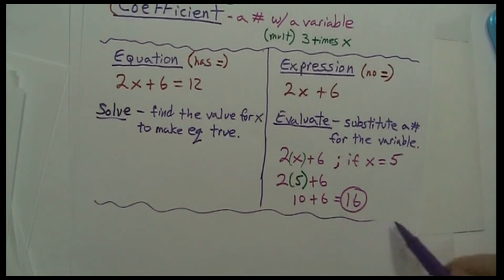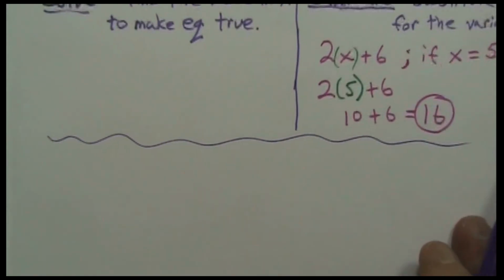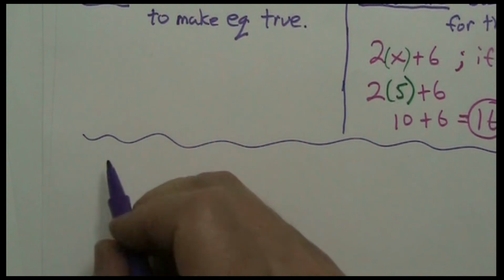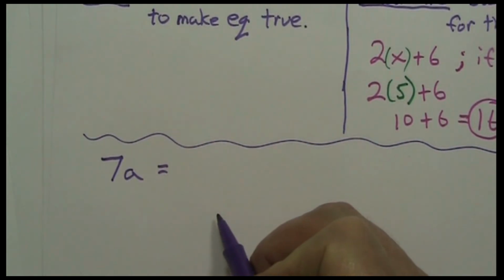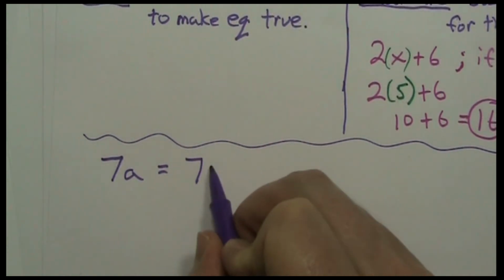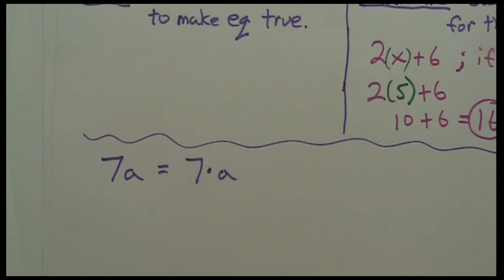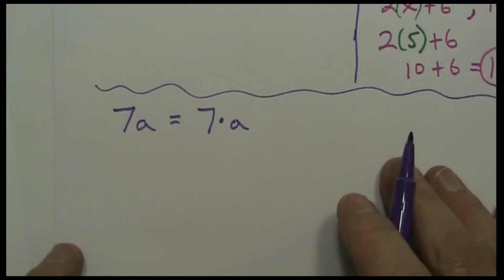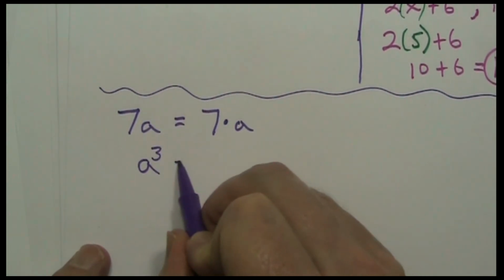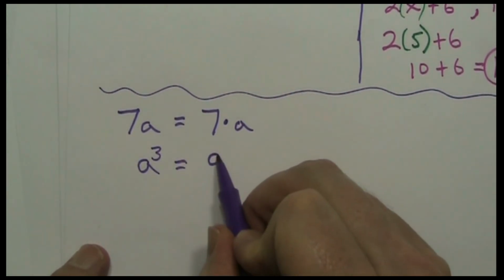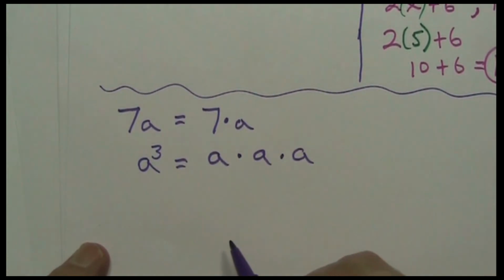All right, just a couple more things that I'd like to put in here for you for reference. And so when you see something like this, 7a, that is 7 times a, right? Hopefully you know that, but just a reminder. If you see a to the third power, that is the same as a times a times a.